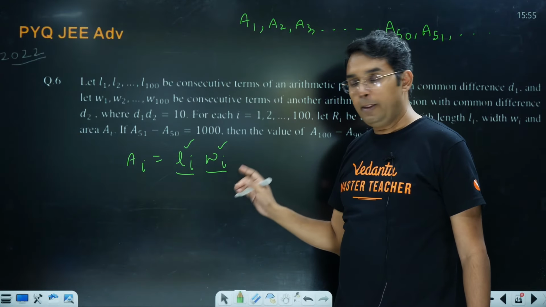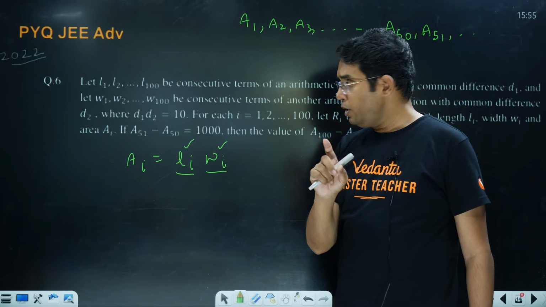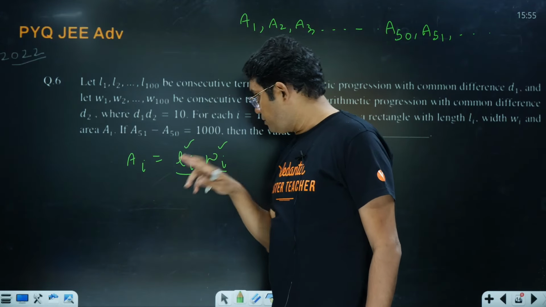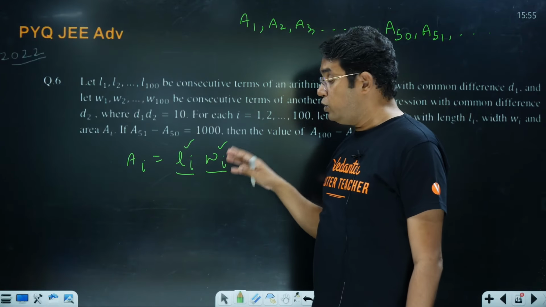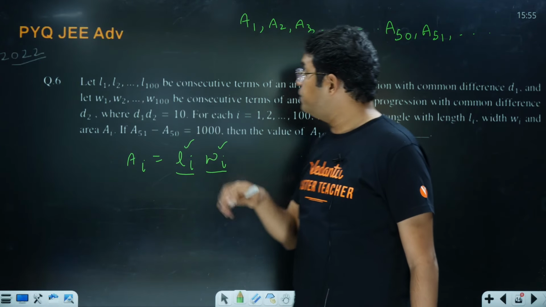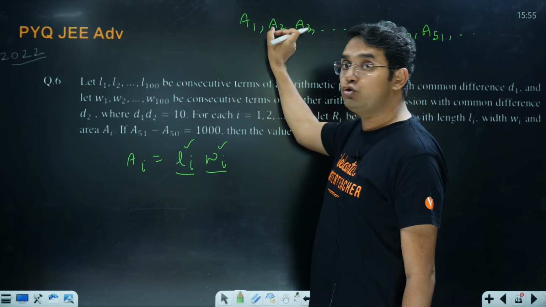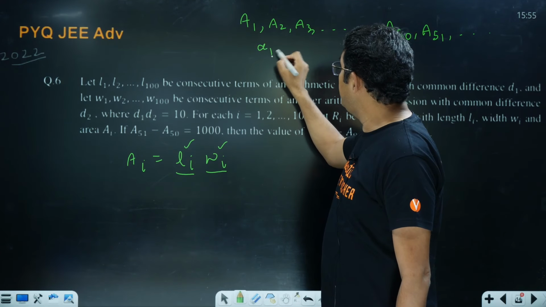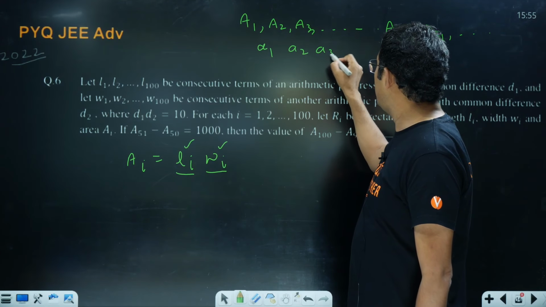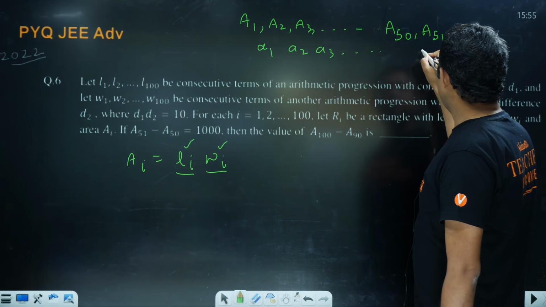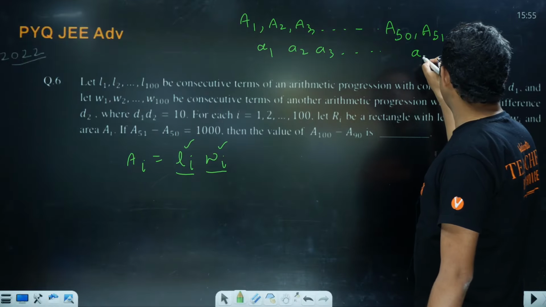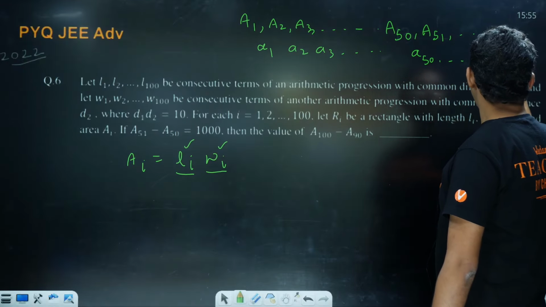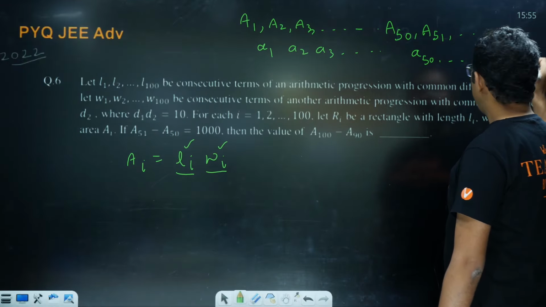If you multiply them, you will have Ai to be a series whose nth term is quadratic in n, which means if you take the difference of these two, let's say it is A1 here, A2 here, A3 here and so on, and A50 here, and so on. Okay, that has to be AP. That has to be AP.